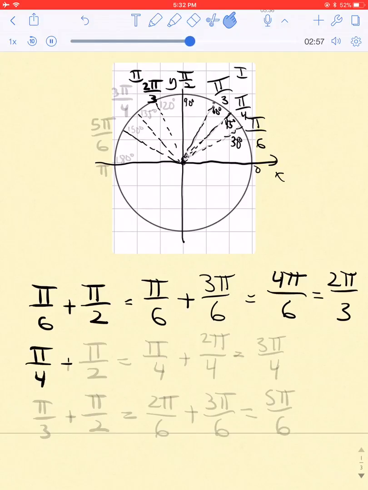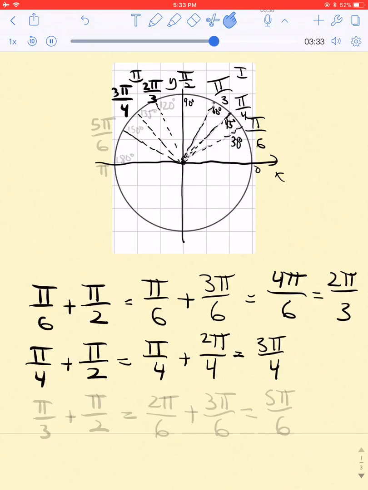If we start with that and we add pi over 2 radians to that, that's the same thing as saying pi over 4 plus the equivalent in fourths of pi over 2, which is 2 pi over 4. So if we add pi over 4 to 2 pi over 4, we get 3 pi over 4. And so this angle here is known in radians as 3 pi over 4.